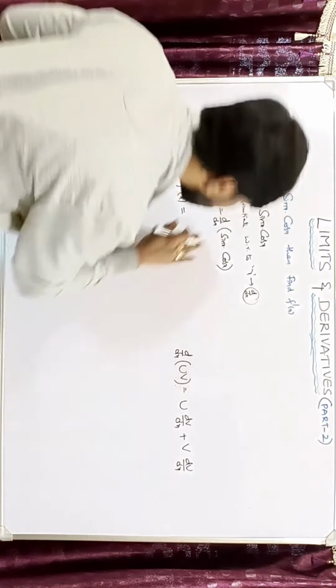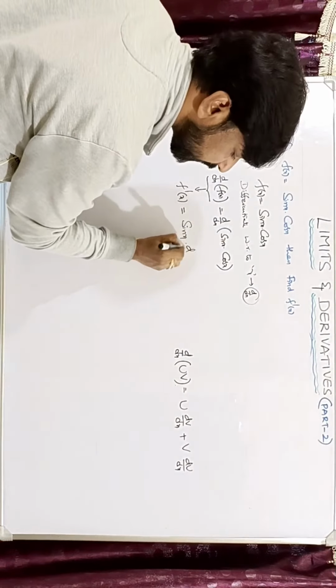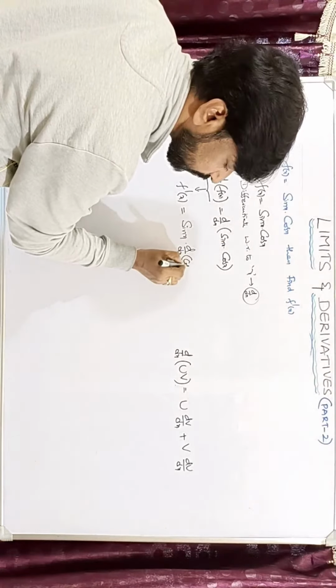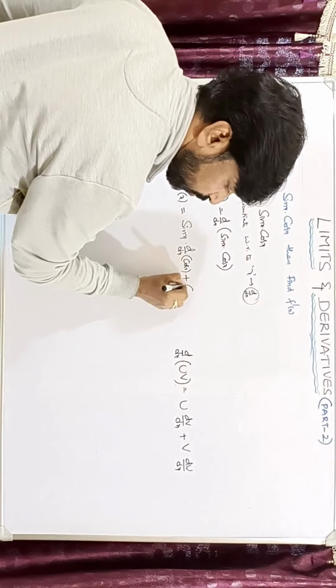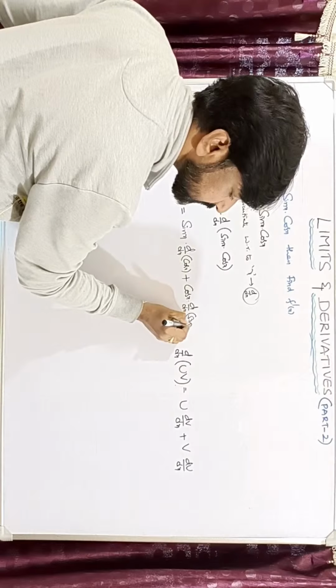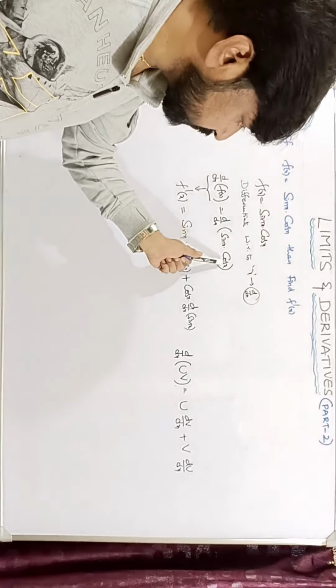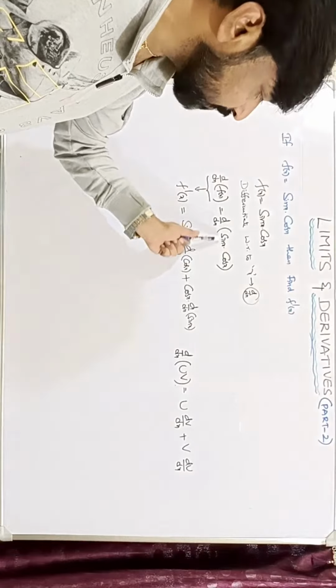That's all. So you are going to write sin x into d by dx of the second function, what is that? cos x, plus cos x into d by dx of sin x. Finished. Sin x into derivative of second function plus cos x into derivative of first function.